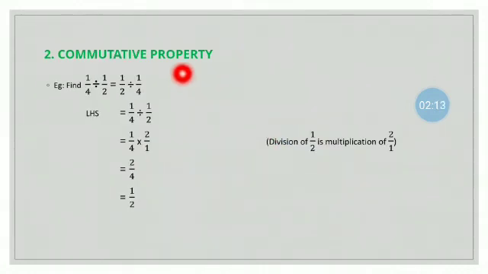Commutative property. Example, check whether 1 upon 4 divided by 1 upon 2 equals 1 upon 2 divided by 1 upon 4. So we will check by LHS and RHS. LHS equals 1 upon 4 divided by 1 upon 2.